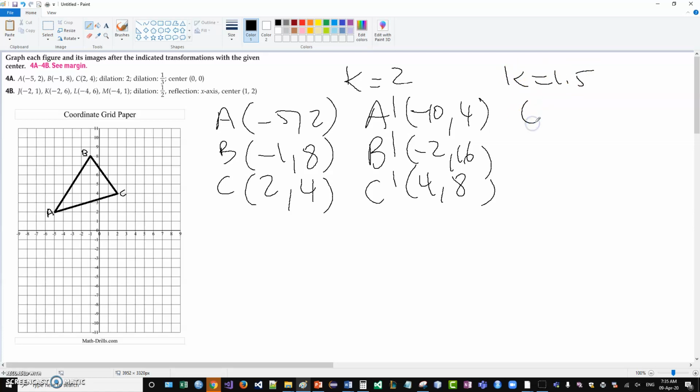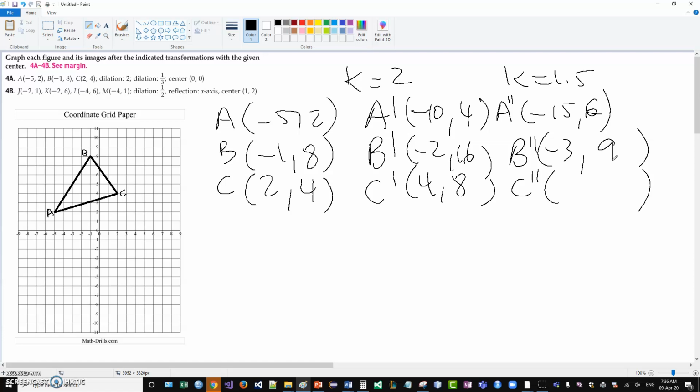Again, you multiply these now. So A double prime, by 1.5: (-15, 6), (-3, 24), and then (2 times 2 is 4, 4 times 2 is 8) 4 times 1.5 is 6, 12. Alright? And then you plot the points on the graph.